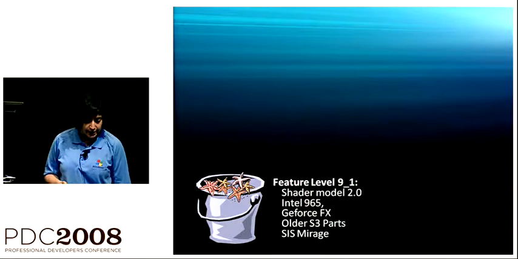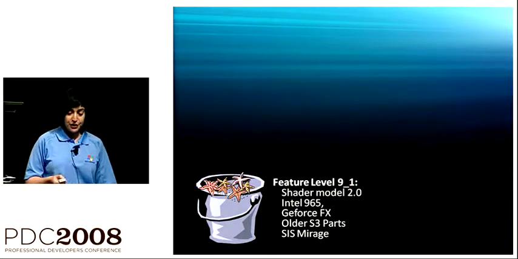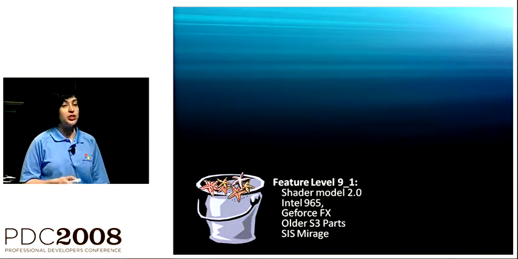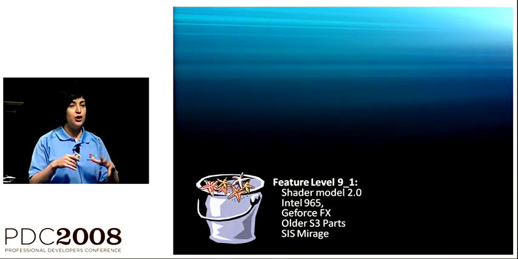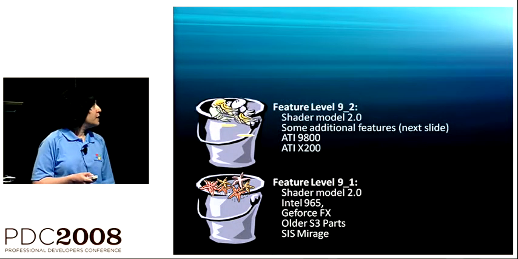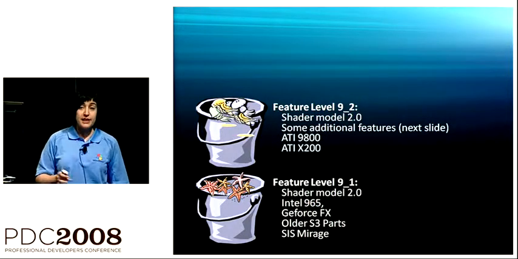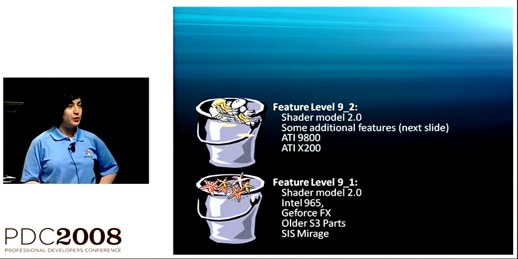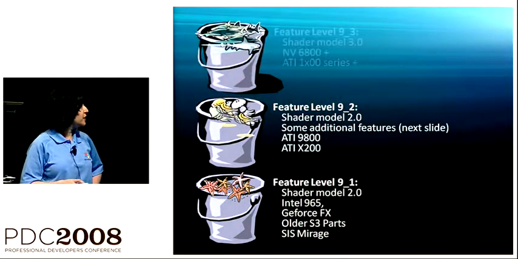So looking at this again, these are the kinds of cards or graphics support that we have in feature level 9_1. And it supports shader model 2.0. So the point of this slide is just to give you a general feeling for the different feature levels. Feature level 9_2 is also shader model 2.0. It has some slight difference in features, and we'll talk a little bit more about that in the next slide. And there you can see some cards for feature level 9_2.